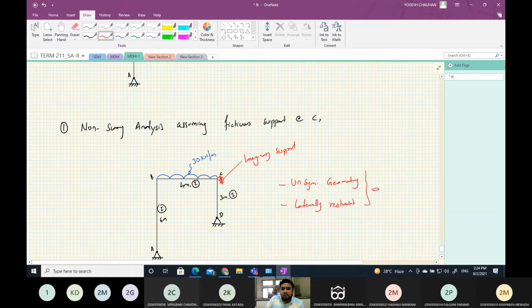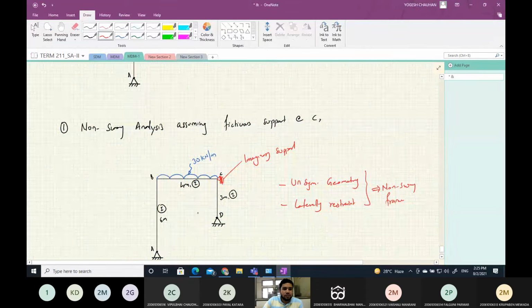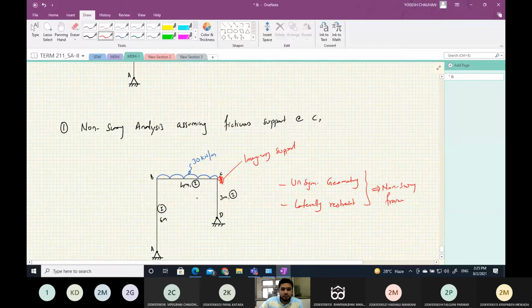So this implies this is a non-sway frame. Now we analyze this frame as a non-sway and then we'll remove this fictitious support and we'll carry out the sway analysis, and the correction due to sway that we will add to the moment obtained from the non-sway analysis.